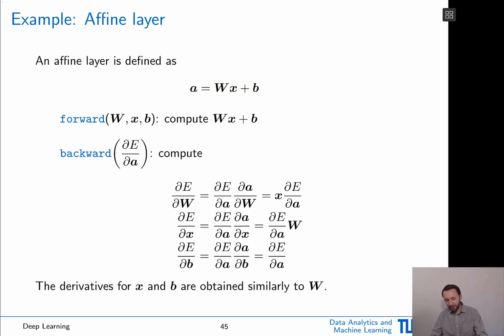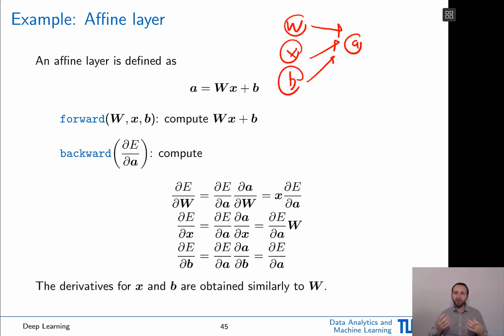Okay, so you can see like w, x, and b, they go all to the node a. Okay. So w, x, and b, they are all input to the module, so to say. They are now like evaluated, and then the output is again a vector.